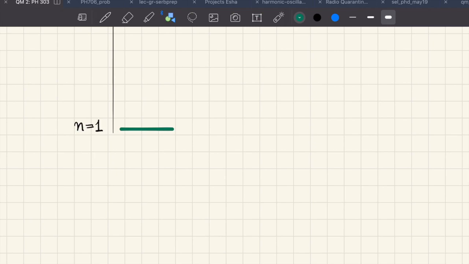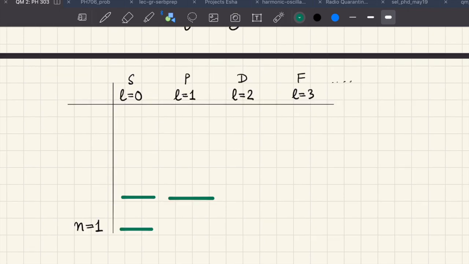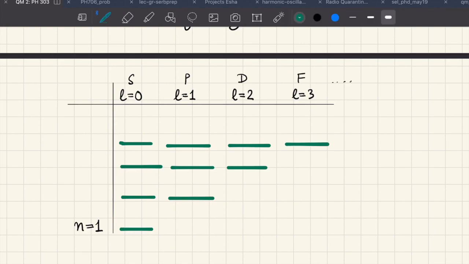Then for small n equal to 2, you will have this kind of labels. For n equal to 3, for n equal to 4, we will have capital N's like this. So in this manner, you can go above like this for all these different capital N values.